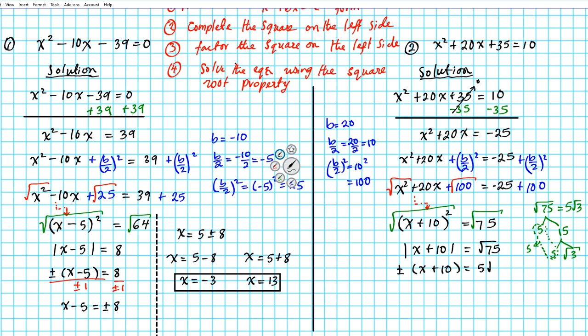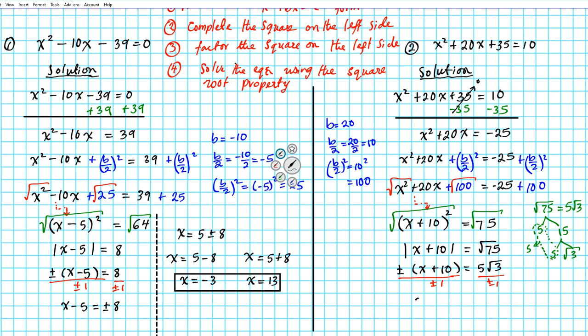And then we are now going to go ahead and get rid of that plus or minus. Okay, so 5 root 3. To get rid of the plus or minus, we just divide both sides by plus or minus 1. Or just move the plus or minus over.